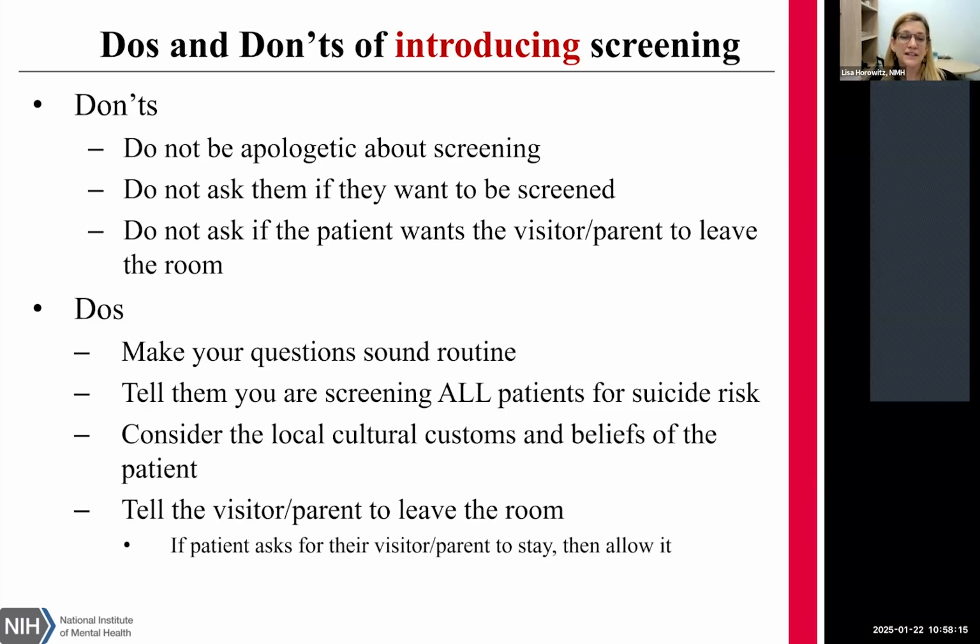It's important to consider local cultural customs and beliefs of the patient, of the tribes you're working with, right? I was in a medical setting a few months ago, outside of this hospital, and I had a nurse screening me, looking at her computer screen, and she said, no self-harm, right?